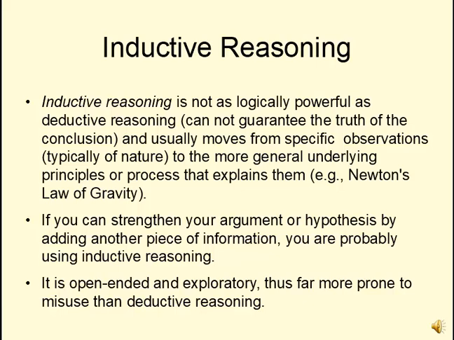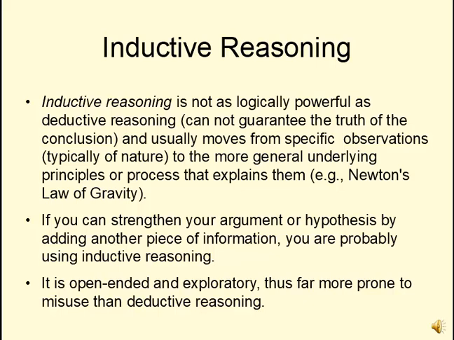So we've been talking about deductive reasoning as a form of logic and a scientific process. We've also got this other form, which is called inductive reasoning. The distinction between deductive and inductive reasoning that is most important for you to remember is that deductive reasoning will give you a 100% guaranteed true conclusion if you do it right and you start with a true premise.